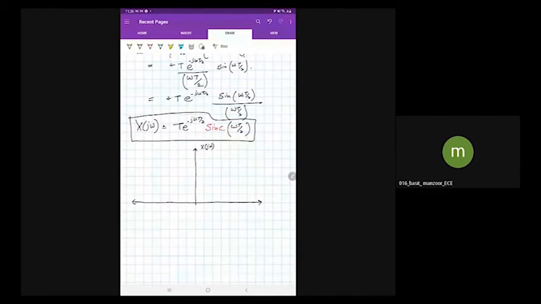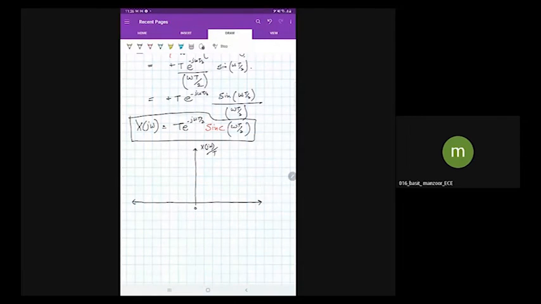x of j omega. This is not only x of j omega, this is basically x of j omega by t. If this t which is multiplied is taken here, it will be divided. So the book has mentioned the plot as x of j omega by t. Then you have 0 point here.